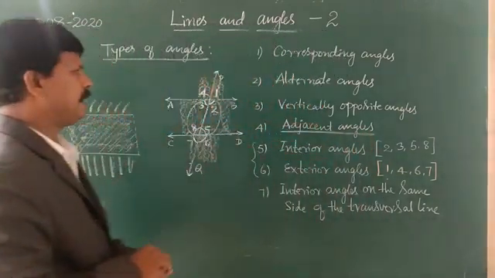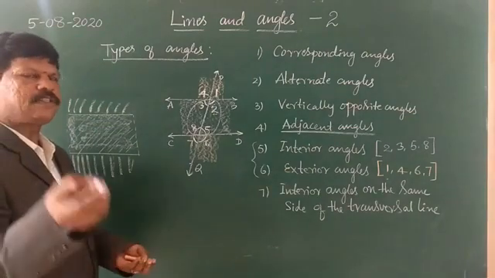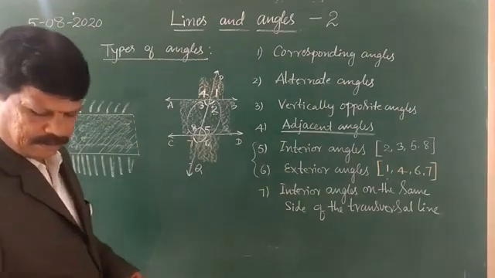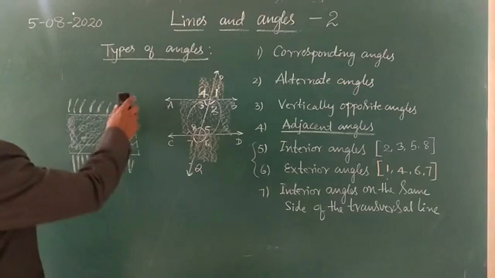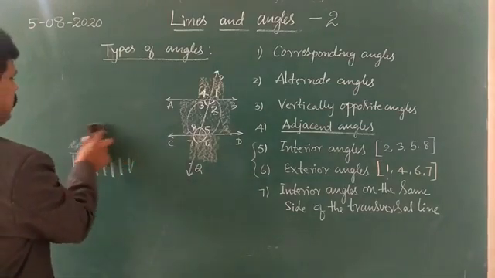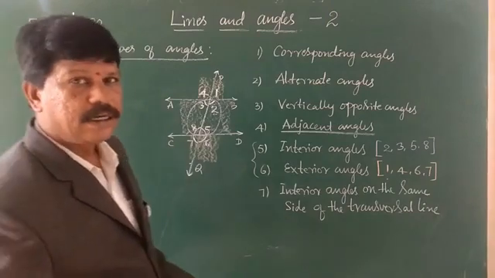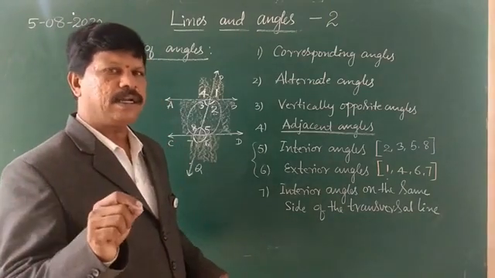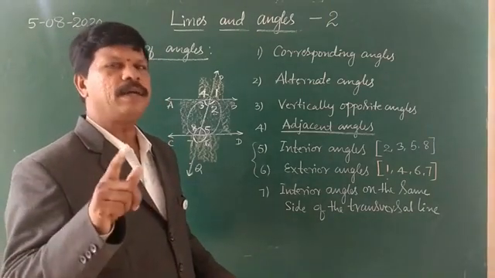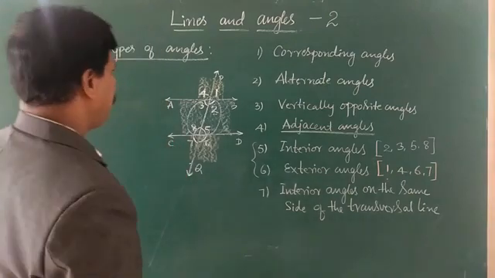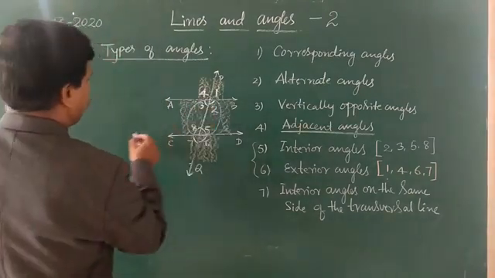Look at this. Adjacent means, just recall the concept. Two angles are said to be adjacent if they form at the same vertex, and they have a common vertex and a common side. Now look at this.